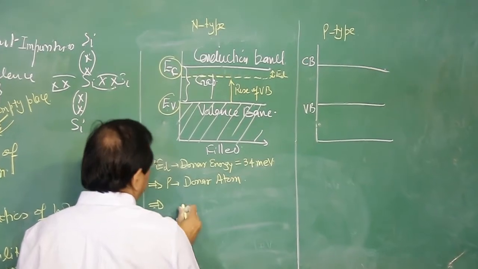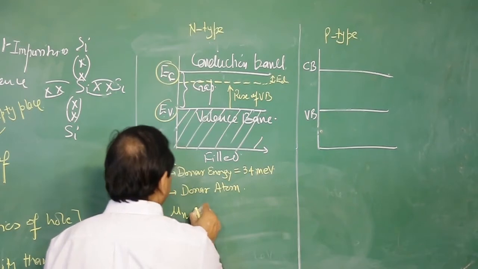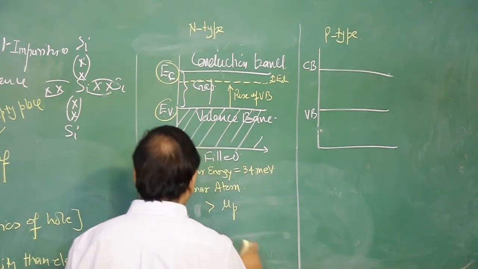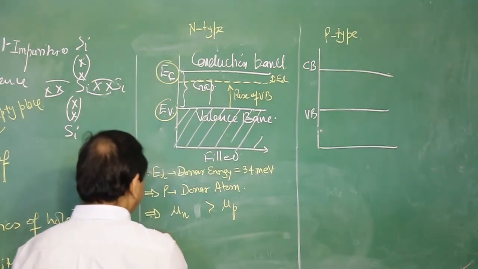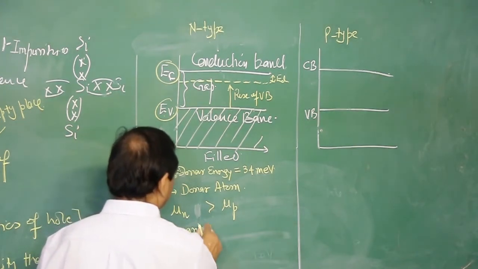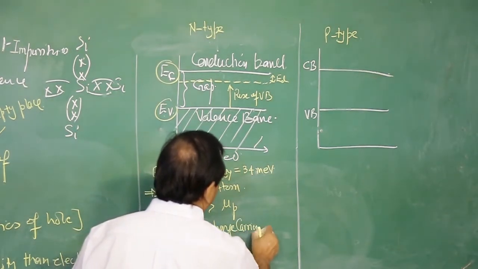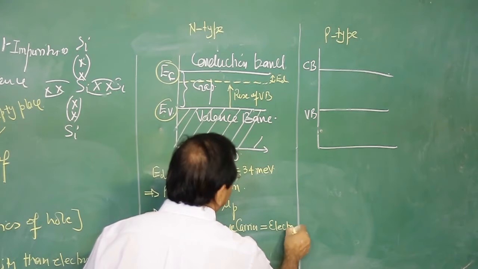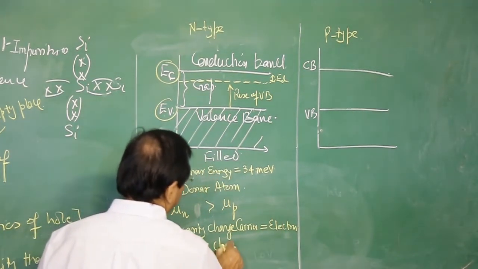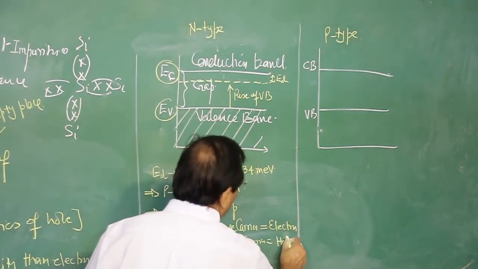And this mu of n is greater than mu of p, as for the hole. The majority charge carrier is electron, and the minority charge carrier is hole.